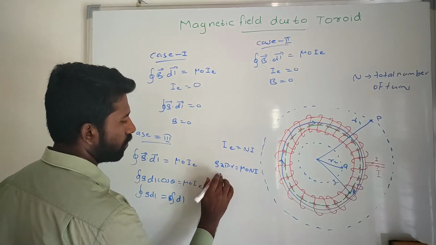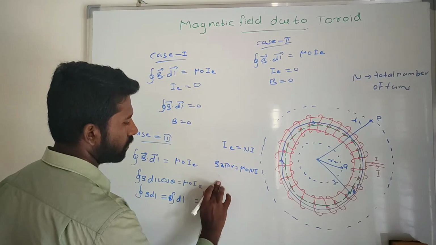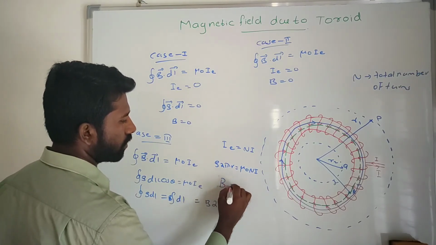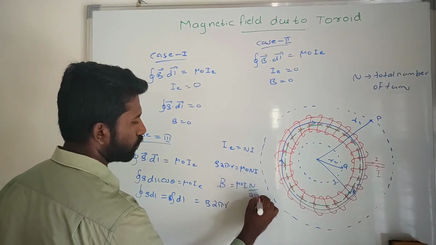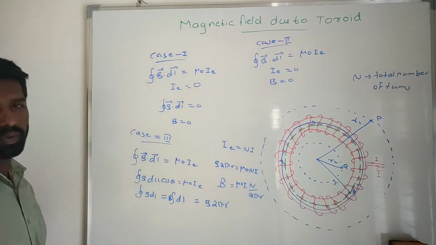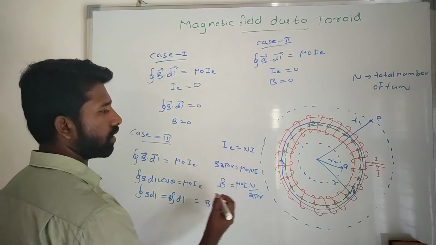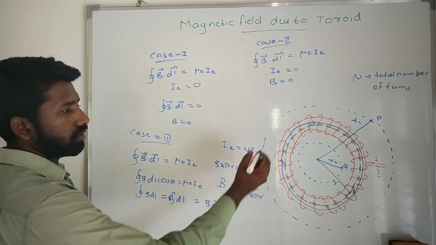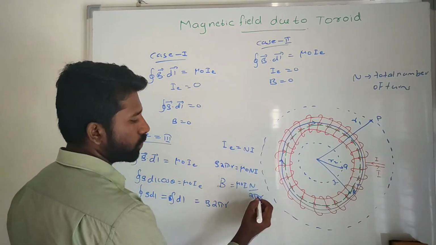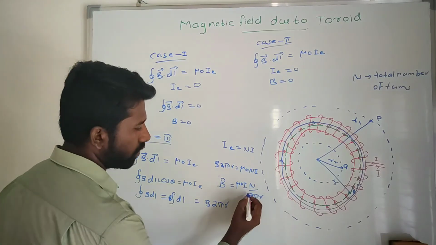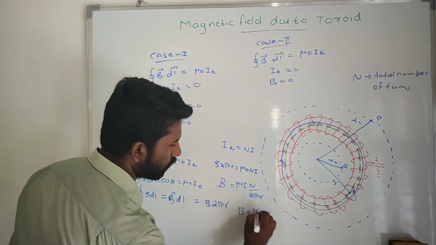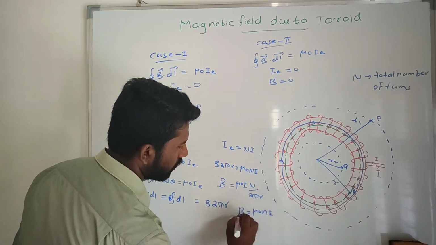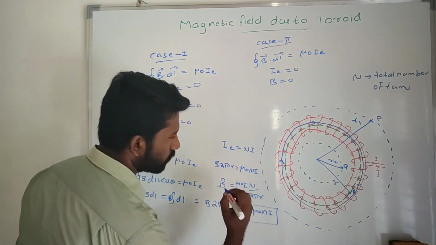So B is equal to mu 0 I into N divided by 2 pi r. What is this N by 2 pi r? N by 2 pi r is the number of turns per unit length, where the loop length is 2 pi r. So B is equal to mu 0 n I. What about the small letter n?